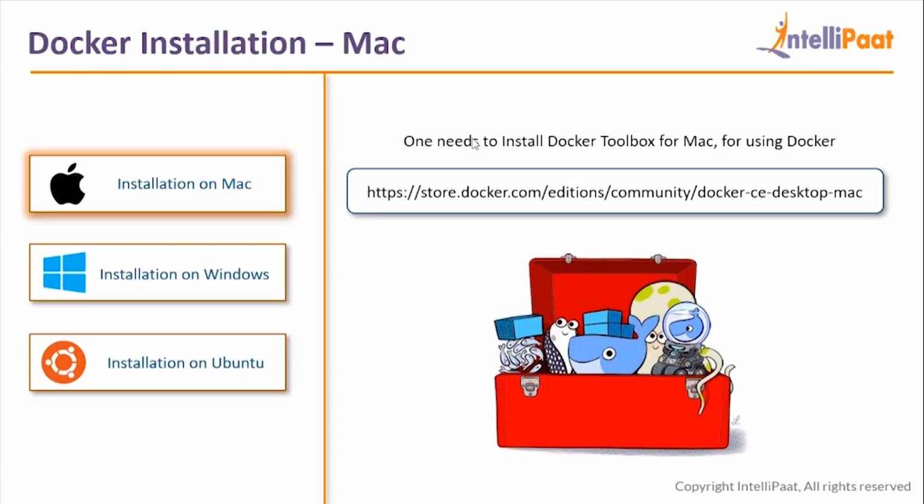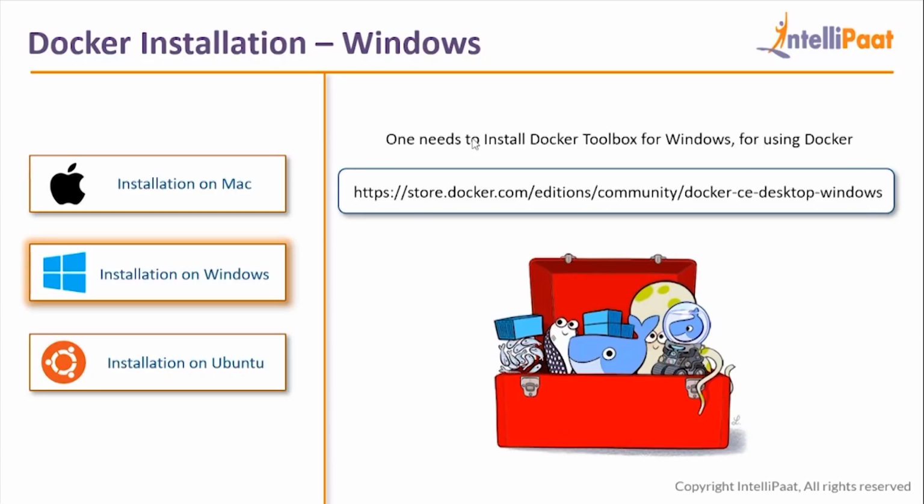Just go to this particular link and download the Docker software. Once you have it, come back to this CLI and pass the command docker version. If you get a reply with the version of Docker running on your system, your software is successfully installed, right? So this is the installation for Mac.